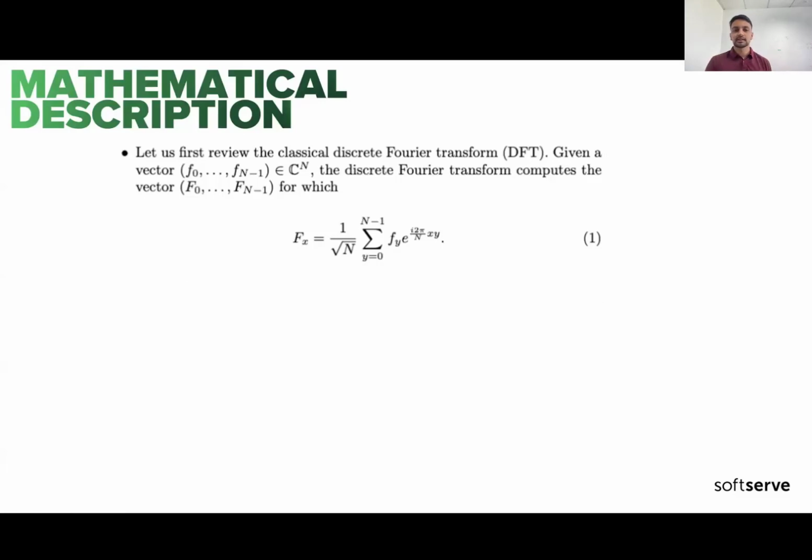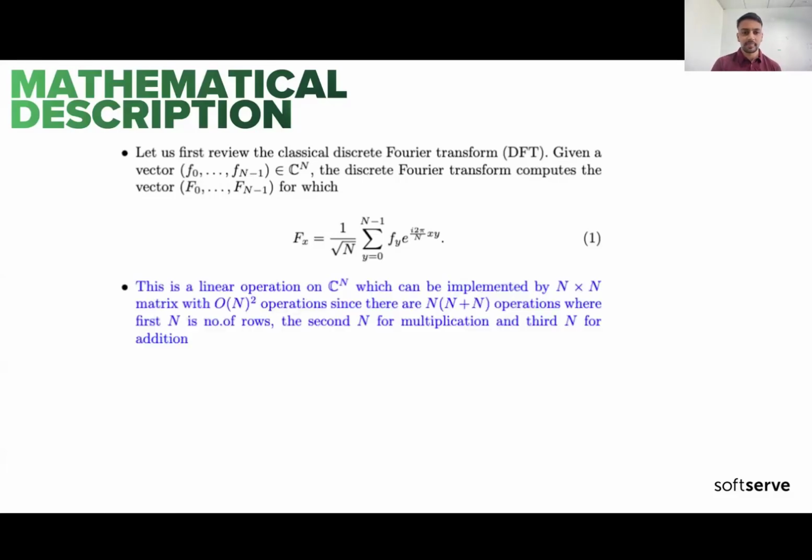But all you need to know is that this is a procedure that is very useful in real life. As computer scientists, as algorithm designers, what we care about is how many operations I need to do in order to compute this. If you look at this, you can do this with an n by n matrix, with order of n squared operations.